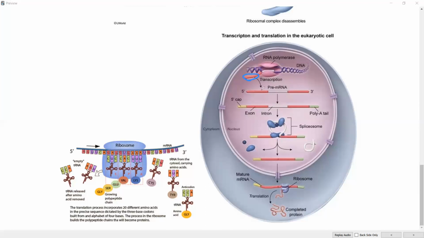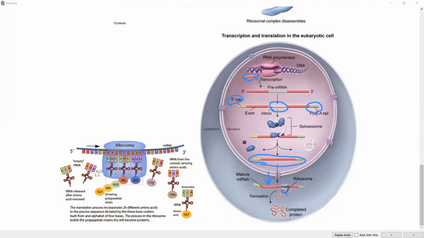Still in the nucleus, we do a little processing to get it ready for translation. We transcribe the pre-mRNA, attach the 5' cap, remove the introns, and attach the poly A tail. That gives us a mature mRNA, which is now allowed to leave the nucleus.